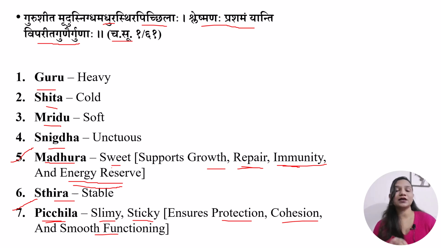So when there is a condition of kapha dosha vriddhi in the body, if we consume or take part in activities which have opposite qualities to those of the kapha dosha, then the kapha dosha will be pacified. Okay, that's what this line says, that when there is an increase in the kapha dosha, it will be pacified by the opposite qualities.